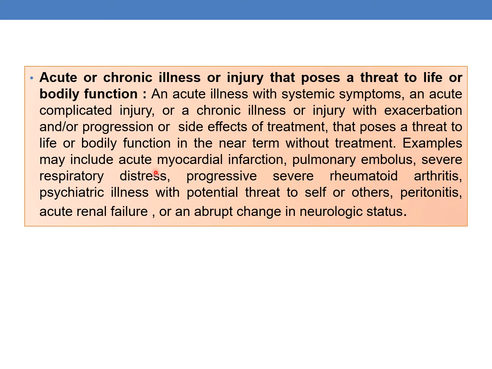Examples may include acute myocardial infarction, pulmonary embolus, severe respiratory distress, progressive severe rheumatoid arthritis, psychiatric illness with potential threat to self or others, peritonitis, acute renal failure, or abrupt change in neurologic status.